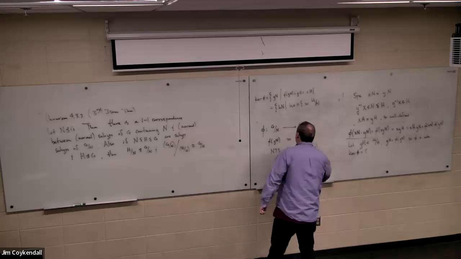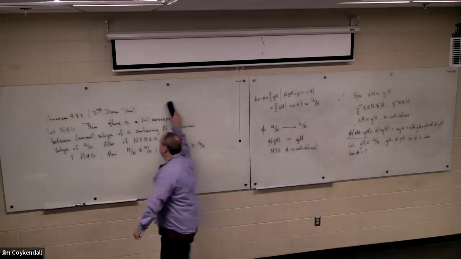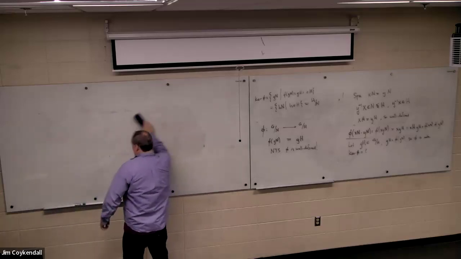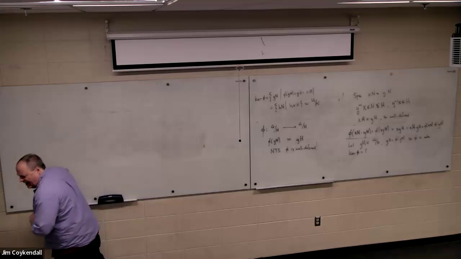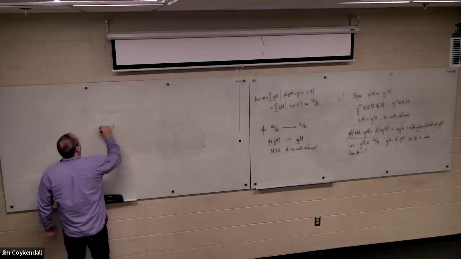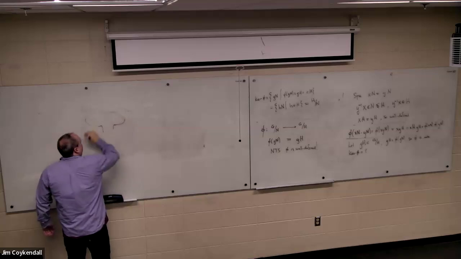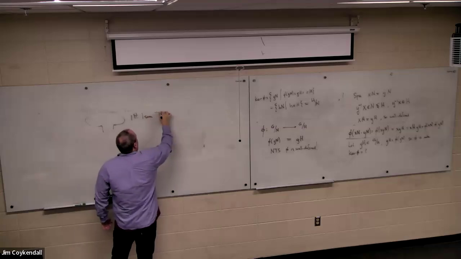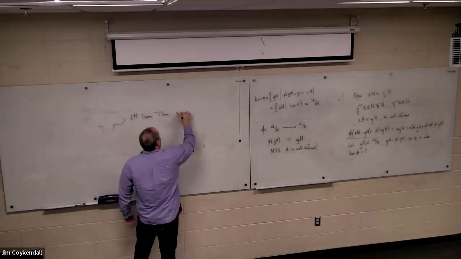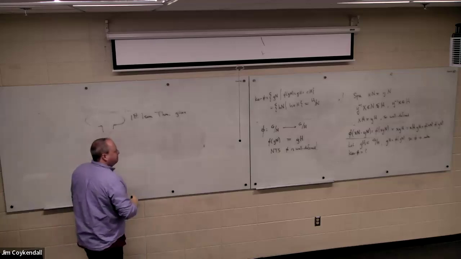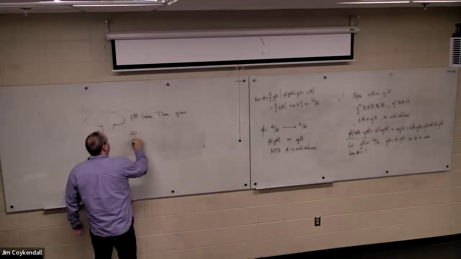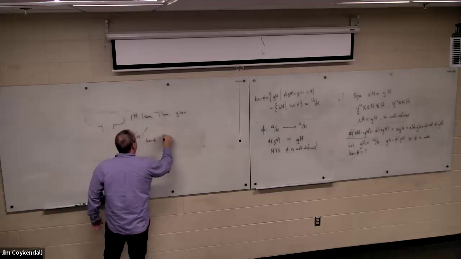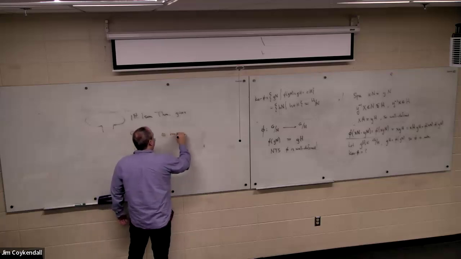So by the first isomorphism theorem, once again, we have the looming mushroom cloud of the first isomorphism theorem, which is, in our language, G mod n modulo the kernel of phi is isomorphic to the image of phi.